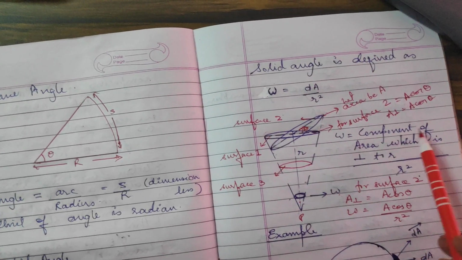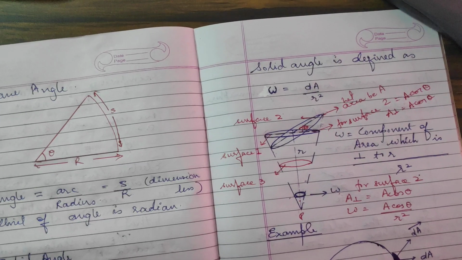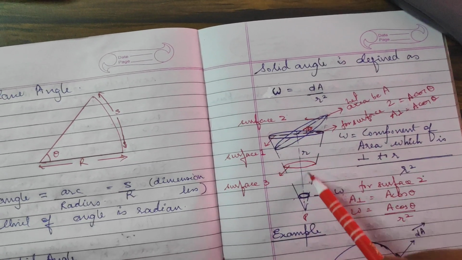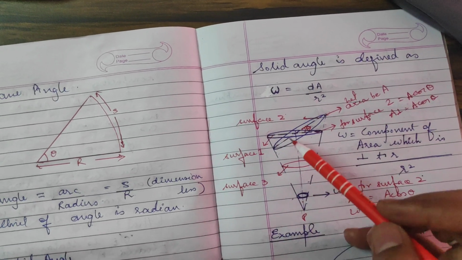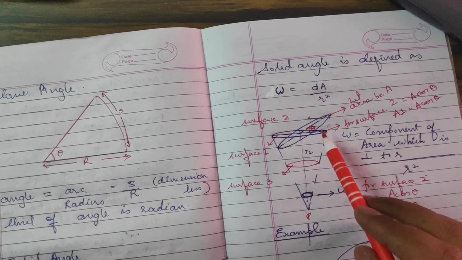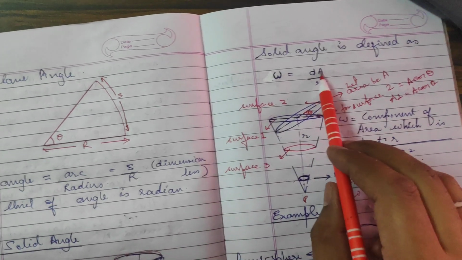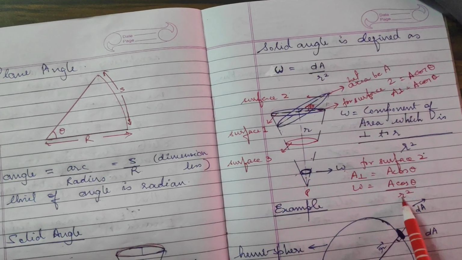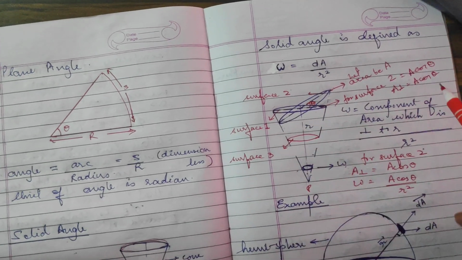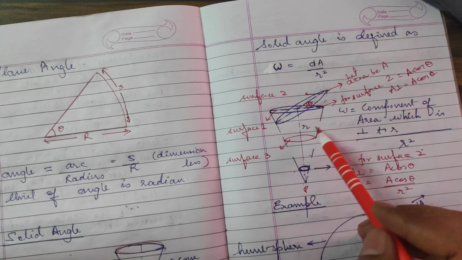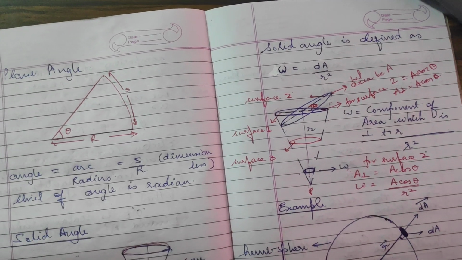Omega becomes the component of area which is perpendicular to R. So we cannot put any area, we will put only that area which is perpendicular to R. And for surface 2, the perpendicular area is A cos theta. So in place of dA, we'll write A cos theta upon R square. Now if you see, for A cos theta, the value of R everywhere is constant.